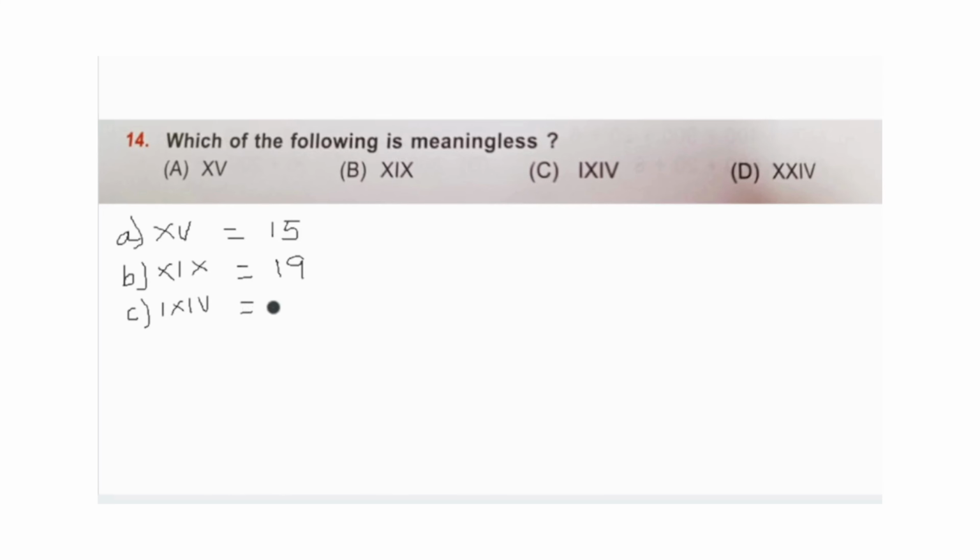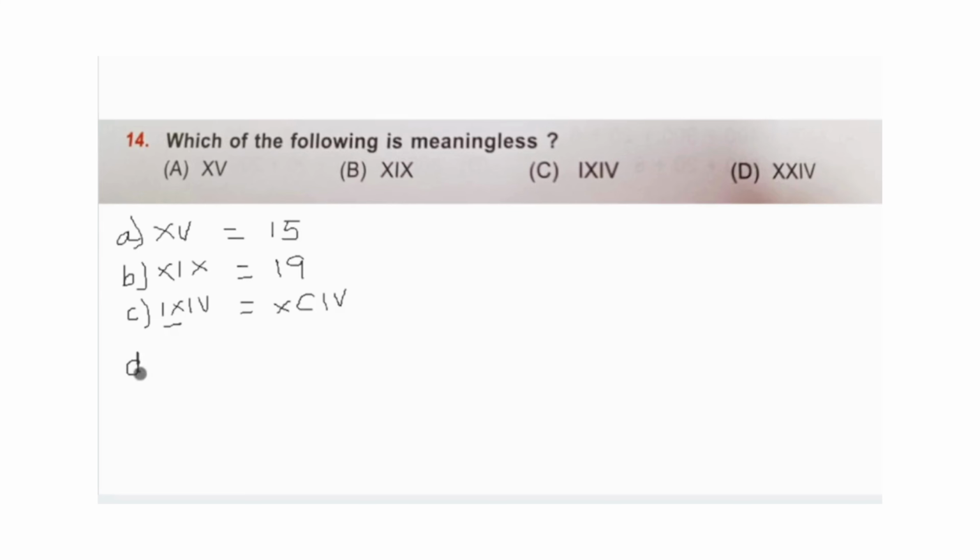The rule of Roman numerals is that a smaller number cannot precede a larger number if it's more than 10 times smaller. Here you see 9 and then 4, so this cannot be 94. The ideal way of writing 94 would have been XCIV, which is 94. But this is not the correct representation of 94.